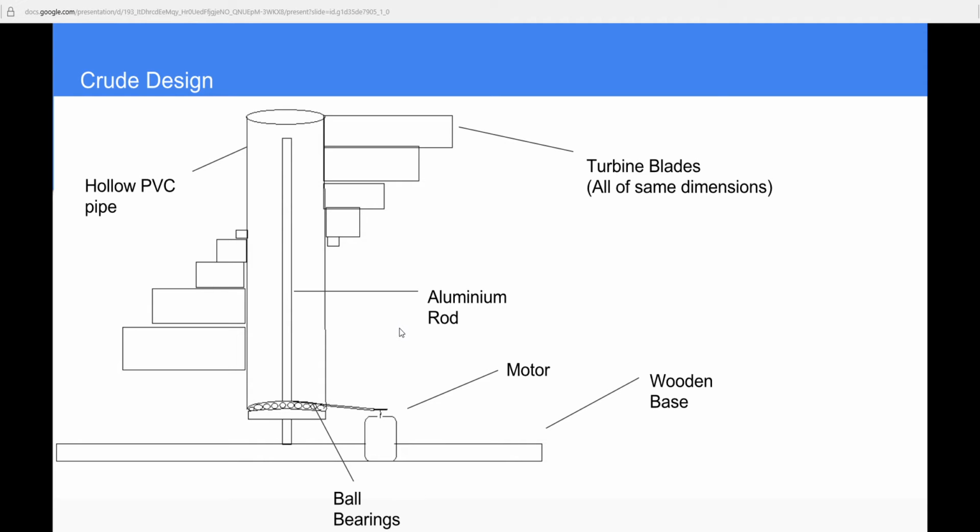And we have an aluminum rod in the center which is attached to the base, and near the base we have ball bearings which will support the PVC pipe, which is free to rotate. And with the PVC pipe we can either use a gear system or a pulley system, based upon how it would turn out in the end, to transfer the torque from the turbines to the motor.